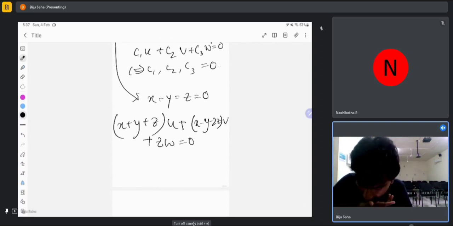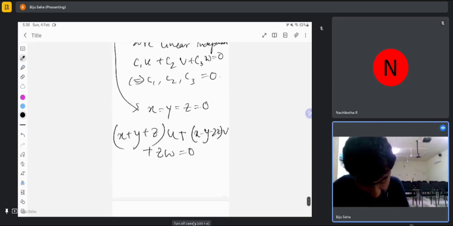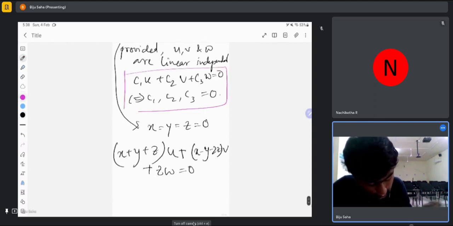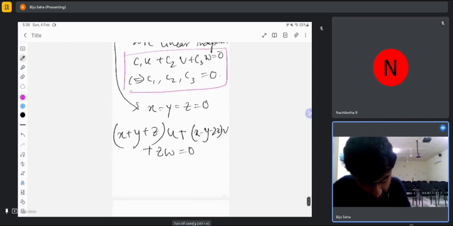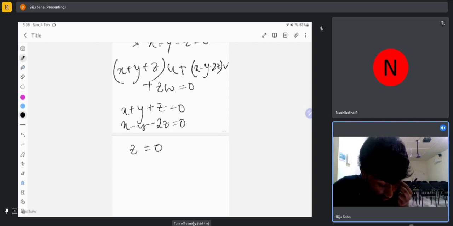Now since u, v and w are linearly independent, by this very rule their individual coefficients are 0.